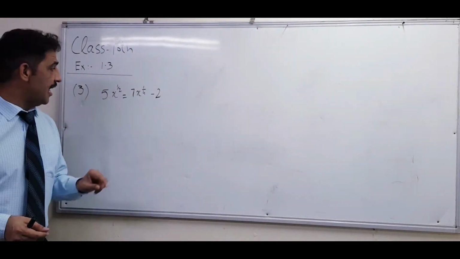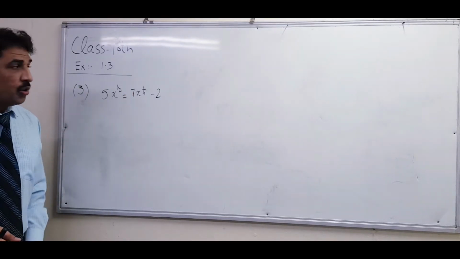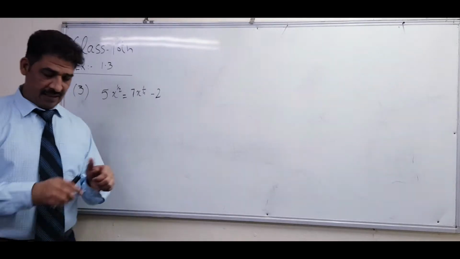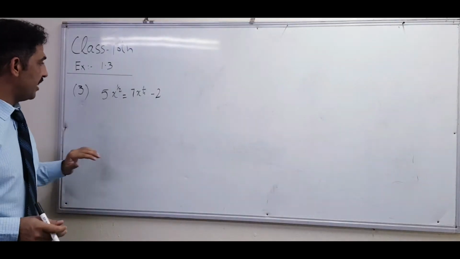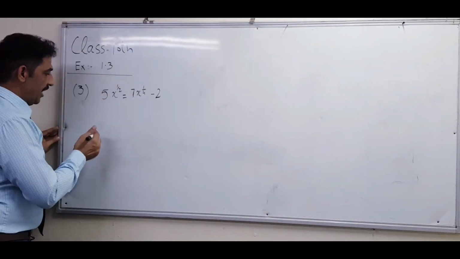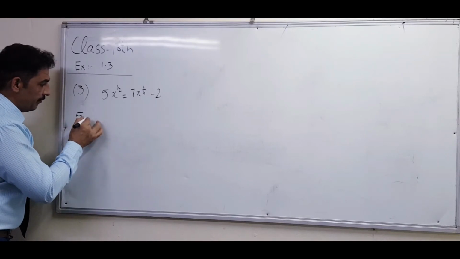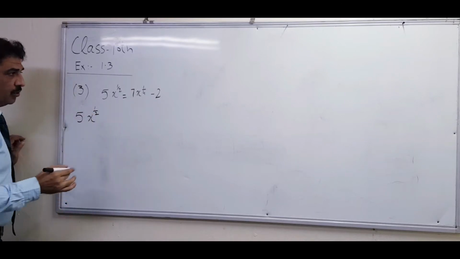Then the question is, it looks like it's not quadratic, so how do we make it quadratic? First of all, we try to rearrange it, shifting all terms to the left hand side. So what will we get? The first term is 5x exponent 1 over 2.